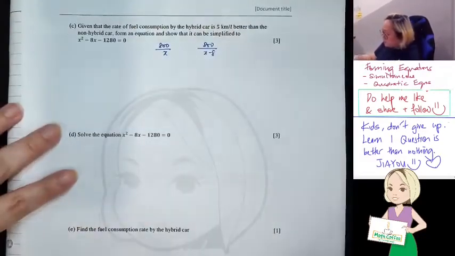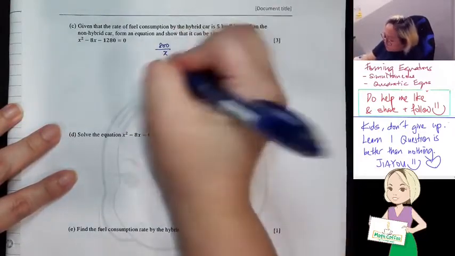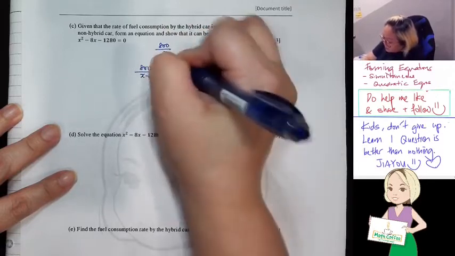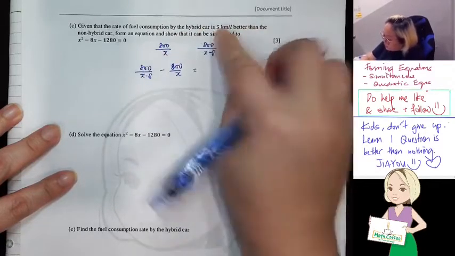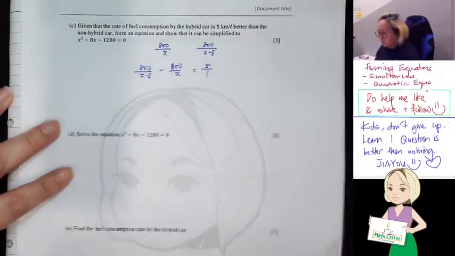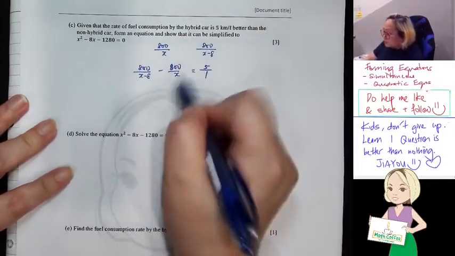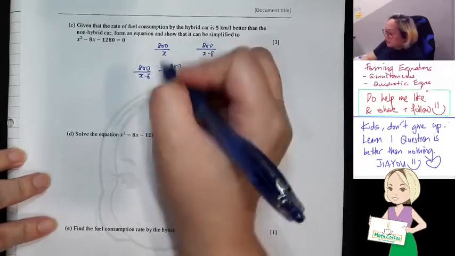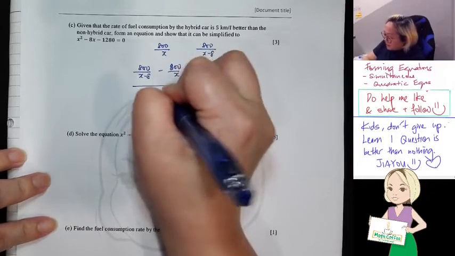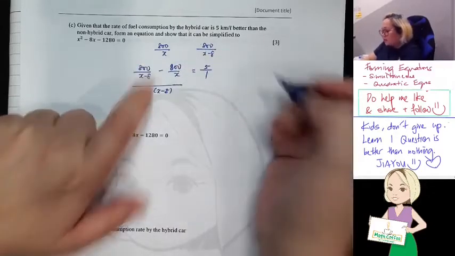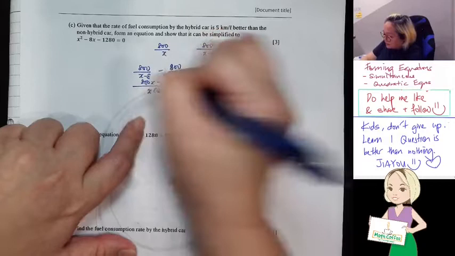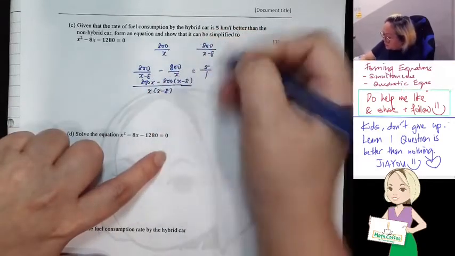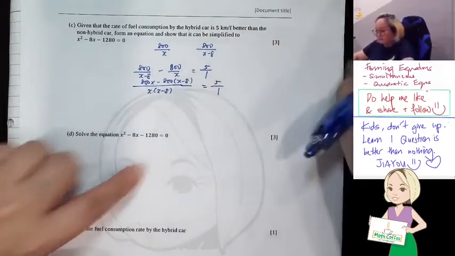So we say the larger number minus the smaller number equals 5. I'm supposed to combine into a single fraction. My denominators are x minus 8 and x, so I put x times x minus 8. That means 800 must multiply by x, and 800 must multiply by x minus 8, equals 5 over 1.